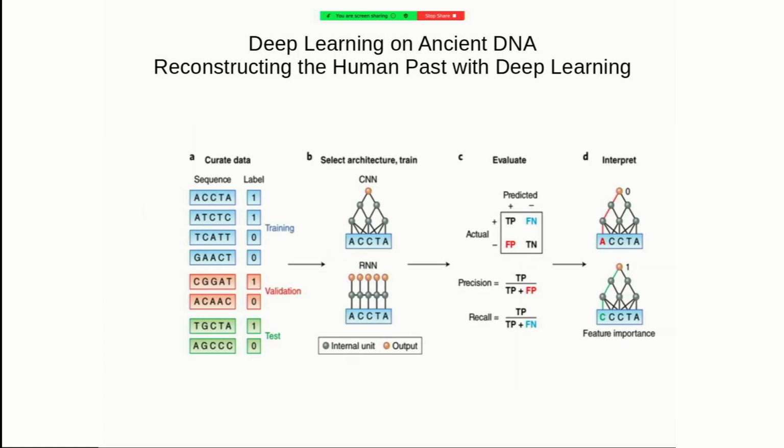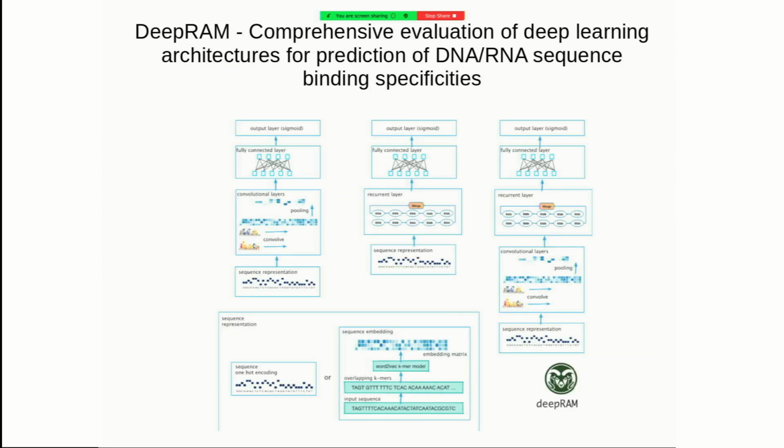And here's another one. So the thing is, here someone just noticed that it's always some sort of convolution and then some sort of recurrent layers which are performing well, and those folks actually found out and have proven that that's the pattern.